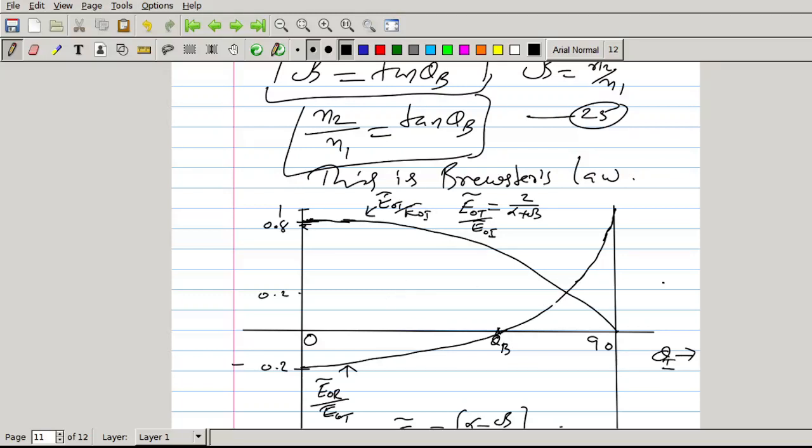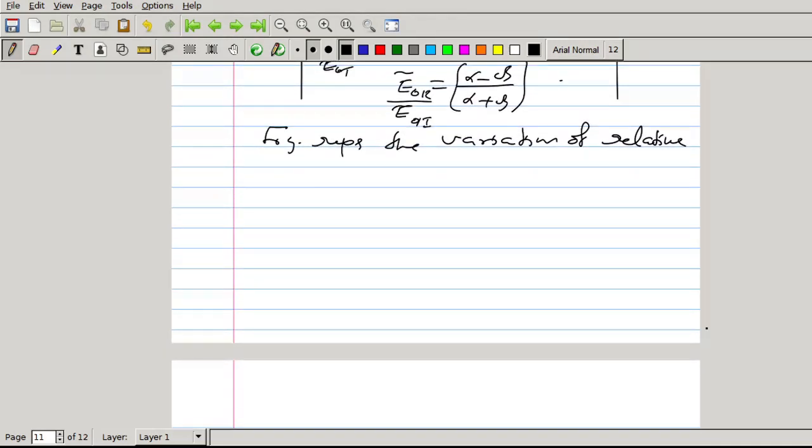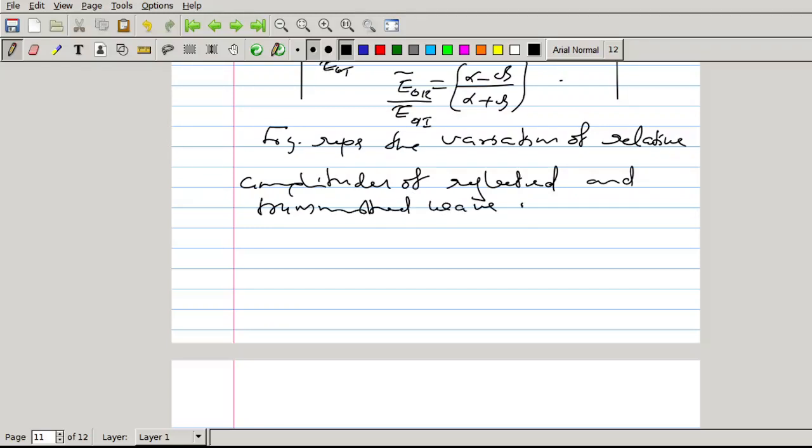So this figure represents the variation of relative amplitudes of reflected and transmitted wave with respect to that of incident wave.